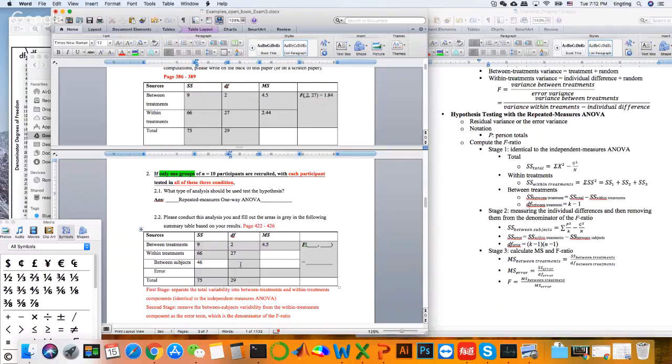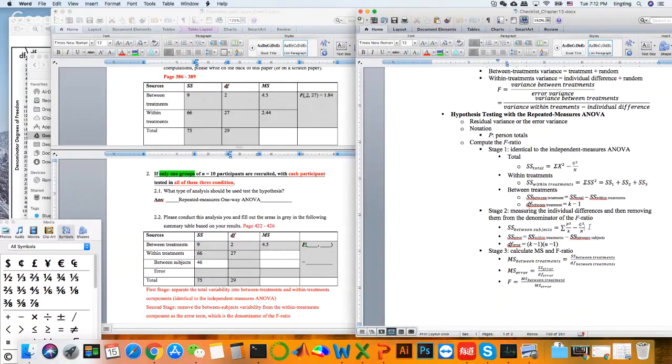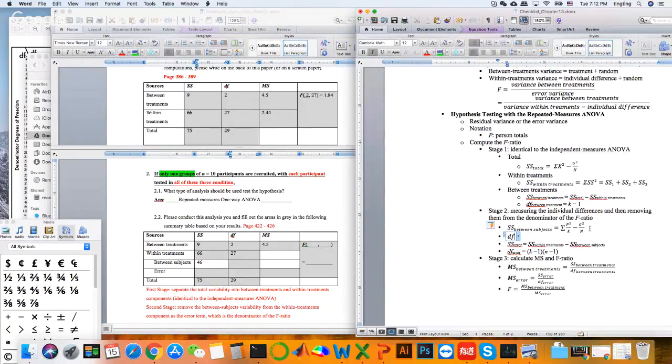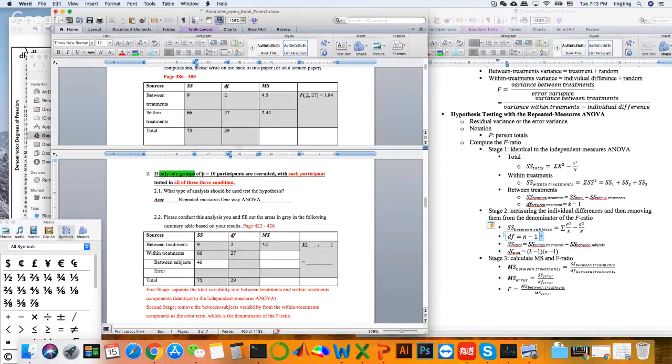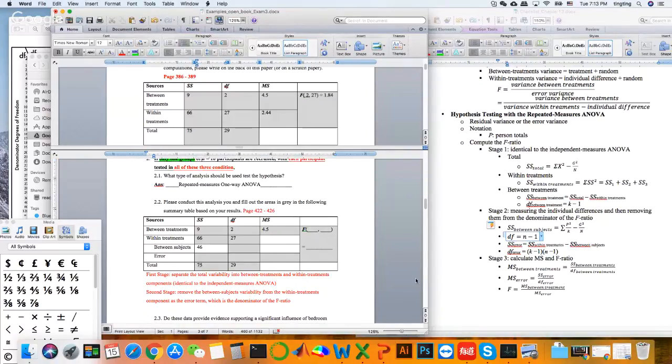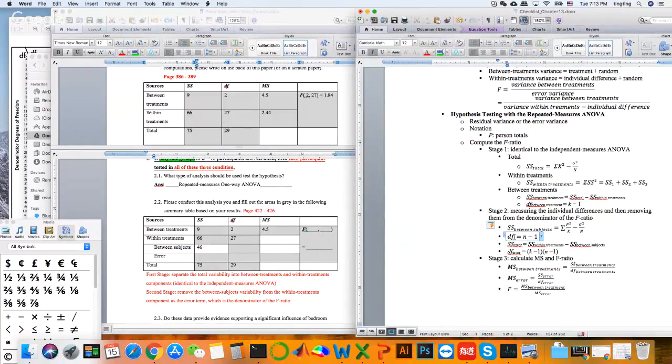So its degrees of freedom. Oh, I missed this one. DF equals to K minus 1. Not K, N minus 1, sorry. DF between subjects.